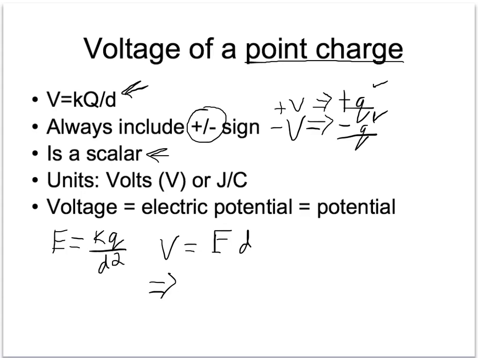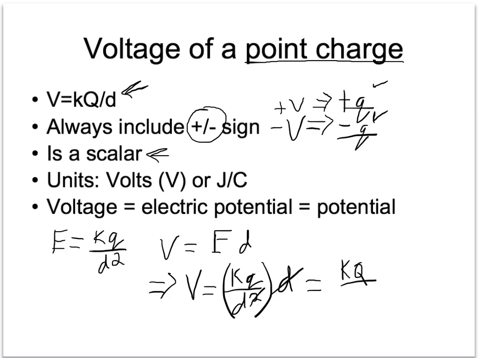Therefore, voltage would be K, Q over D squared, that's E, from a point charge, times D. And you get D cancels one of the D's, K, Q over D. Being inconsistent about capital Q or lowercase q, as long as you know Q means the amount of charge, it's not a problem. The units for voltage are volts or joules per coulomb.